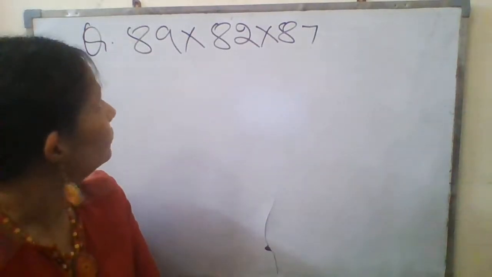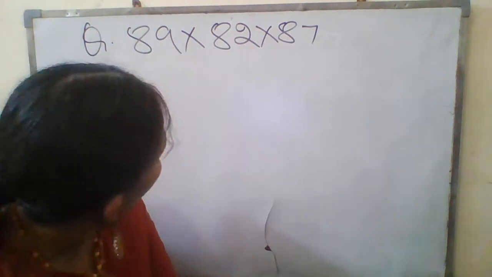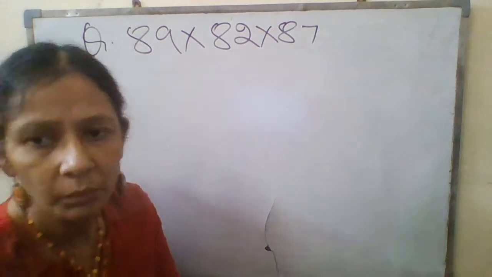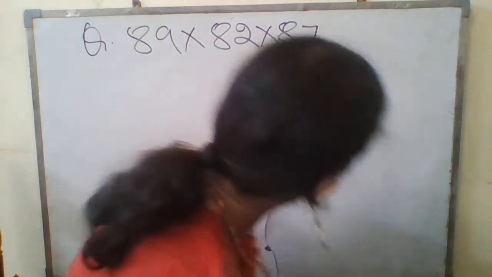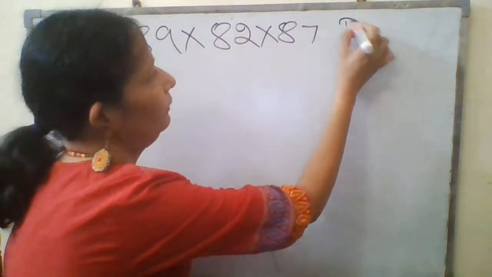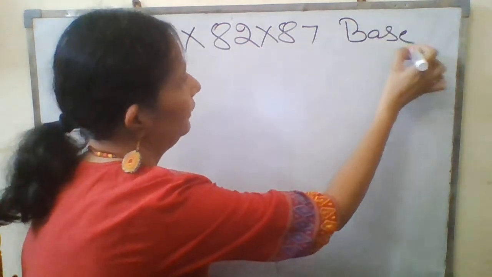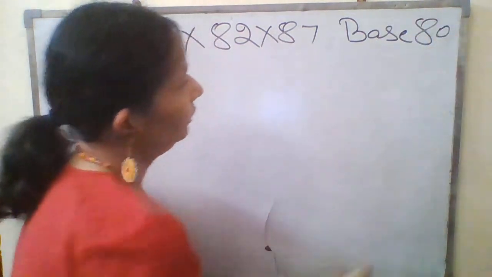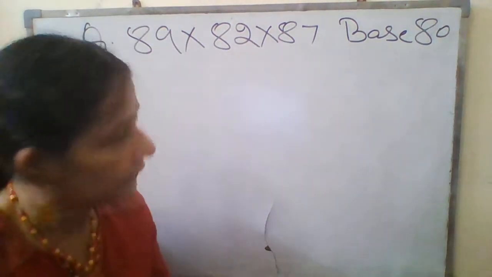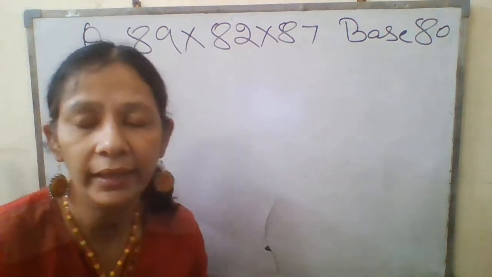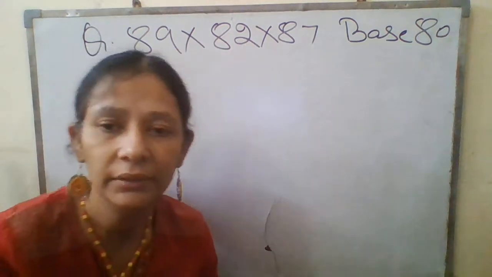Look at this question. This is 89 multiplied by 82 multiplied by 87. Now I am going to write down the base here, and the base is 80. Now you see why the base is 80 here and why the base is not 90.